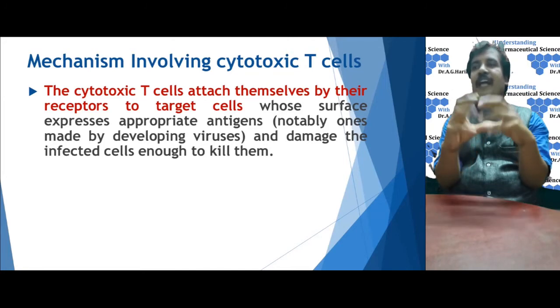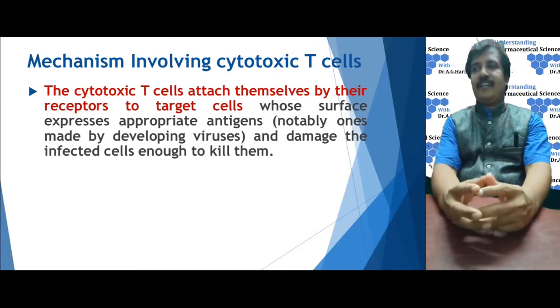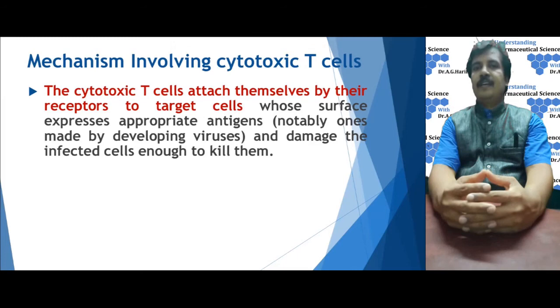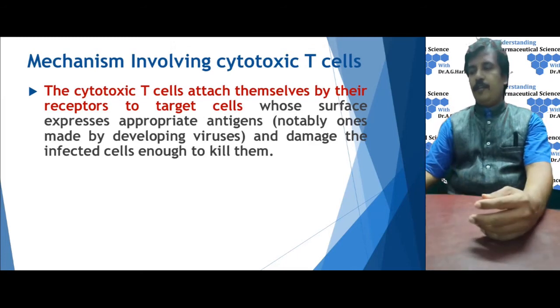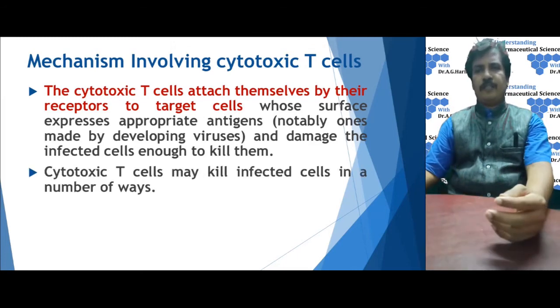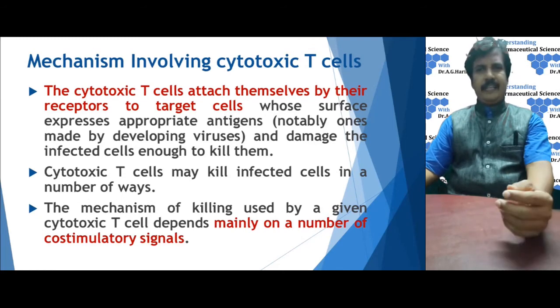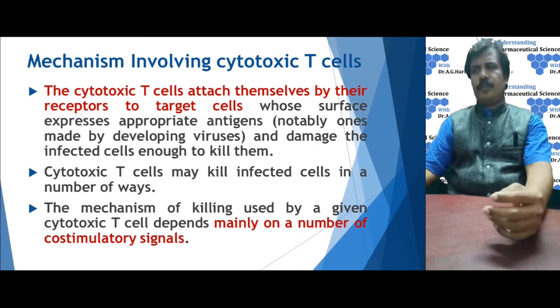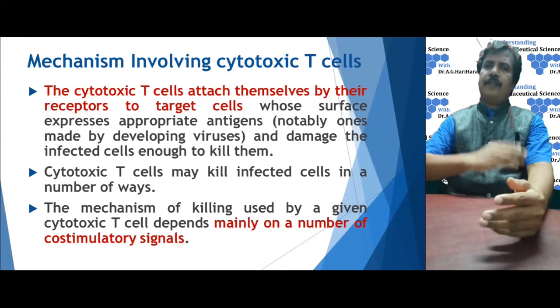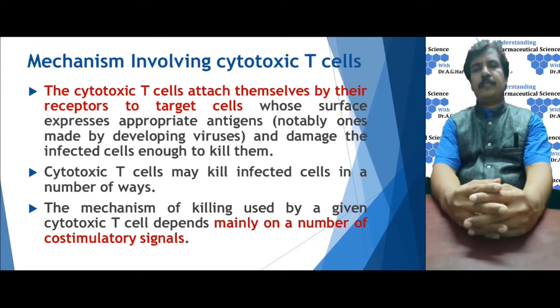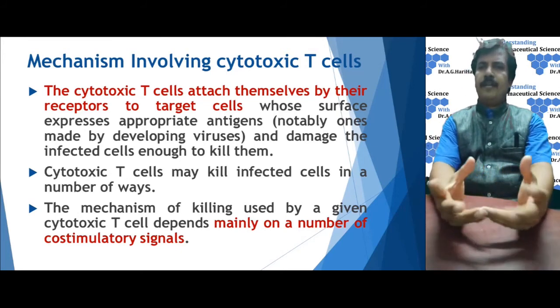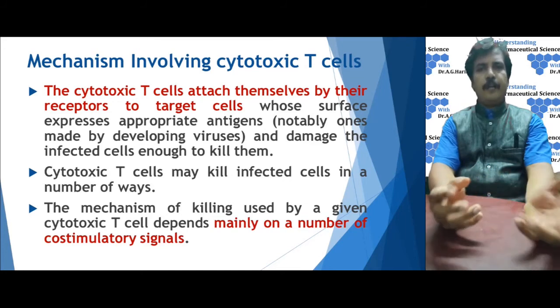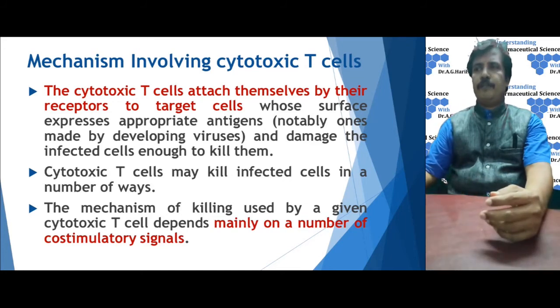There it gets activated. Once activated, it can damage the cells and kill them. It does this by a number of pathways. You can kill the infected cell by numerous pathways, and these pathways basically depend upon the stimulatory signals. There are many stimulatory signals, whether granular or non-granular in mechanism.